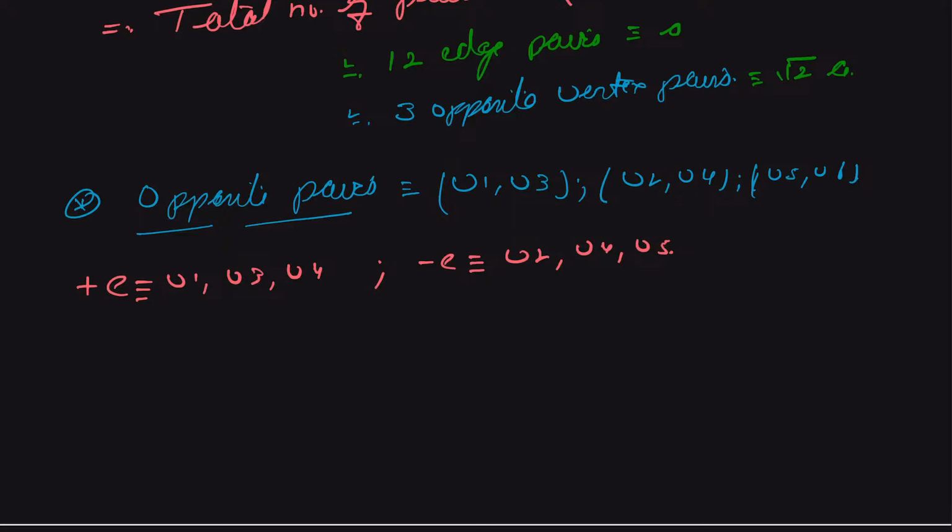And these opposite charges have the same length, that is square root of 2 times A.